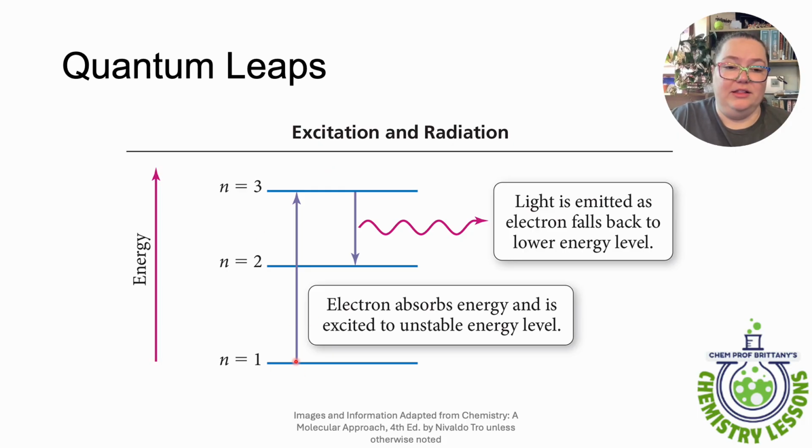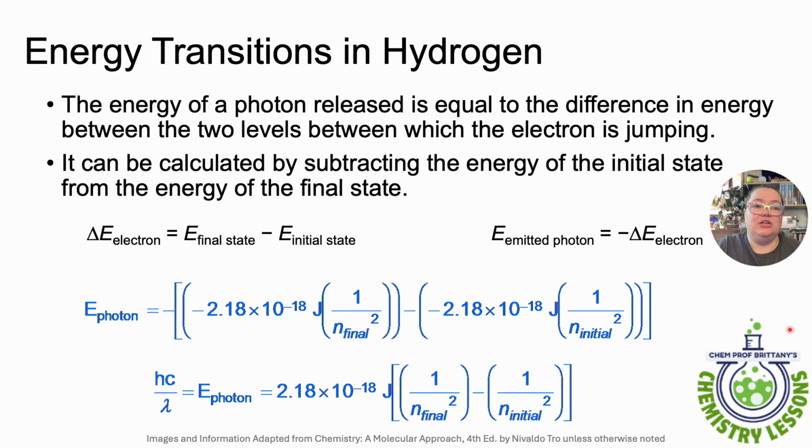So we've got an electron here, it gets excited. That's unstable, so it drops down and becomes a little more stable and emits light as it does so. So the energy of a photon that is released is equal to that difference in energy from where it drops down, right?